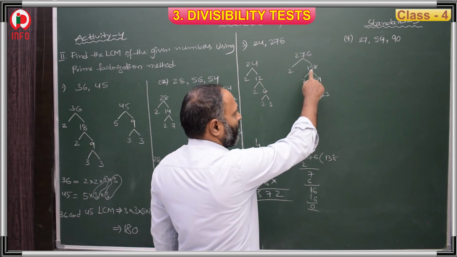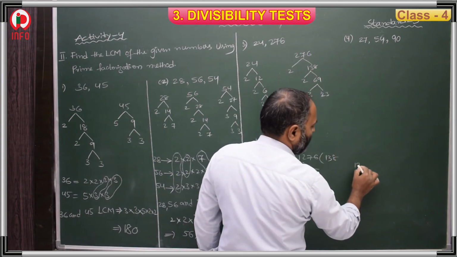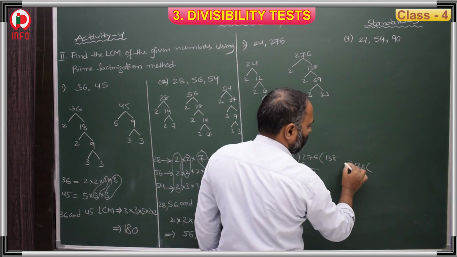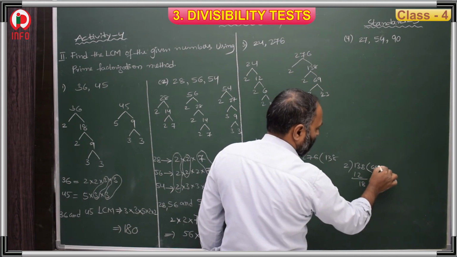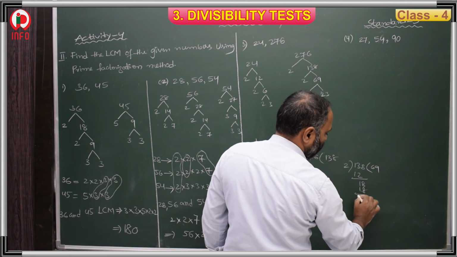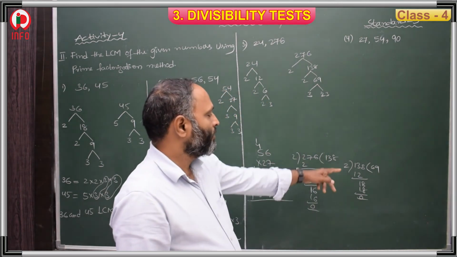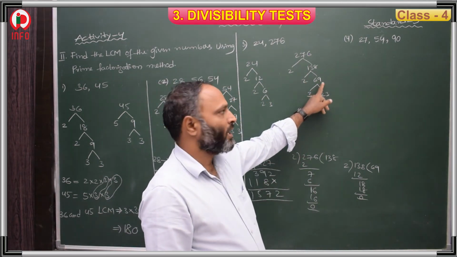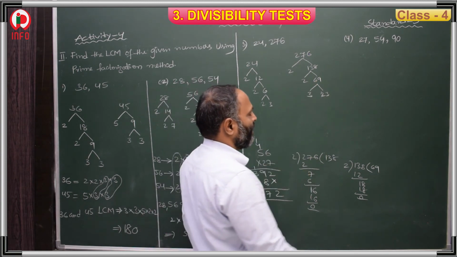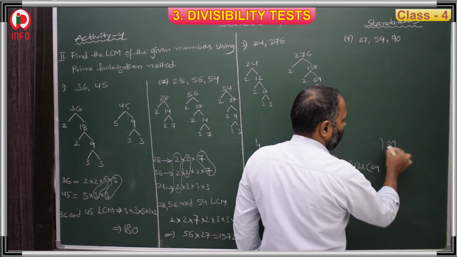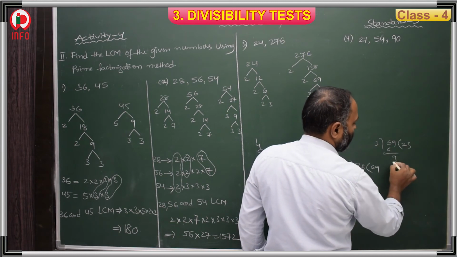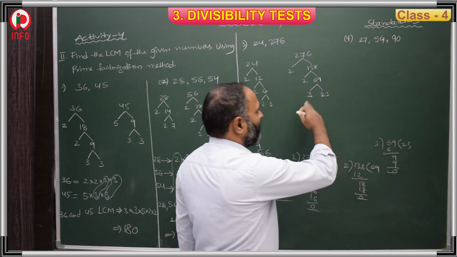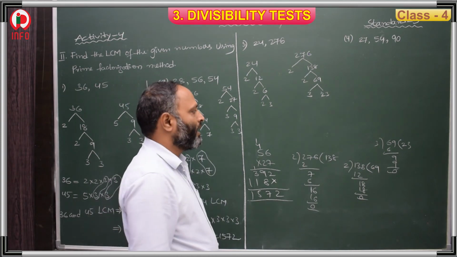Then after that 138 with 2. 2 6s are 12, 1 left. 2 9s are 18. 2 69s are 138. Again 69 divided by 3. 3 2s are 6, 9, 3 3s are 9. 3 23s are 69.